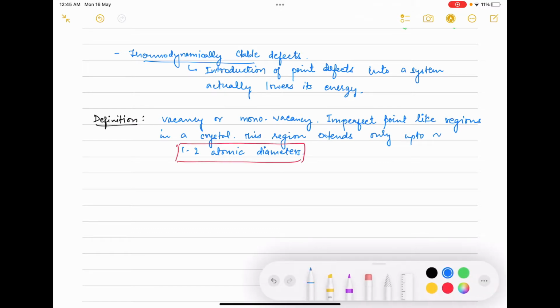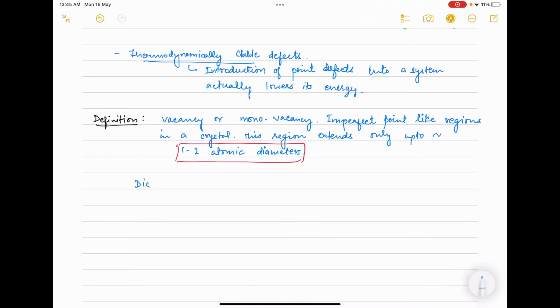But the distortion field that is created because of these imperfections can extend up to very large distances. So its effect can be seen at distances as high as 10 to 20 atomic diameters as well, or even more.